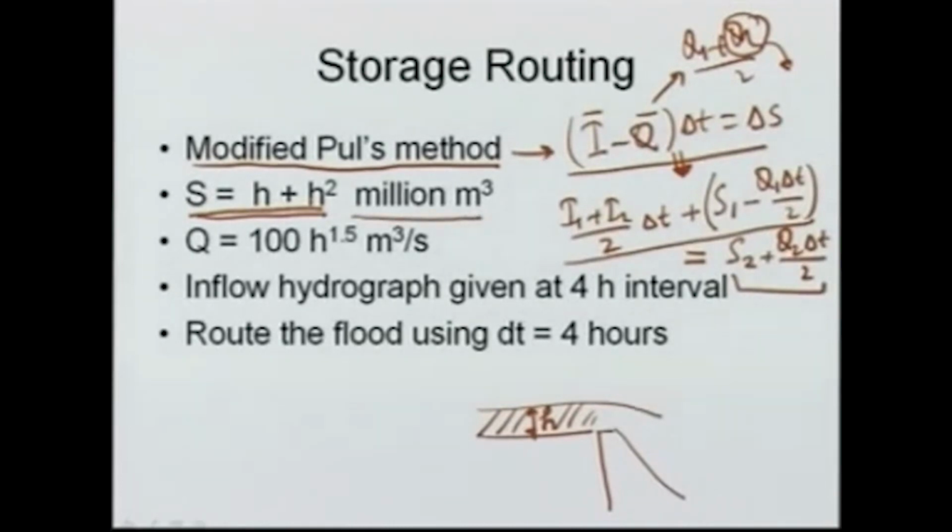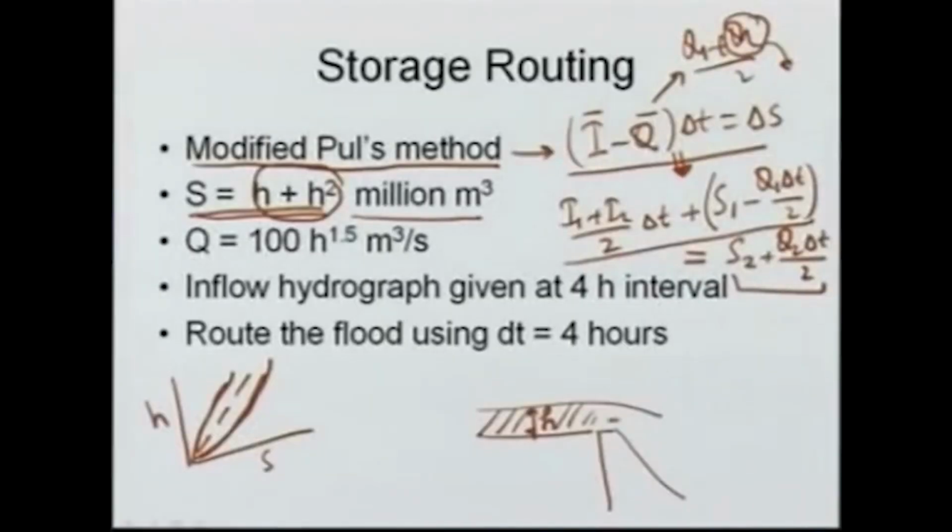Just for our computational sake, we will assume this equation, but typically it will be given in the form of a graph of h versus S, and generally the form of the equation will depend on the topography of the area, and the nature of this variation may be linear, may be quadratic. So, in this case we have assumed a quadratic distribution, S as h plus h square.